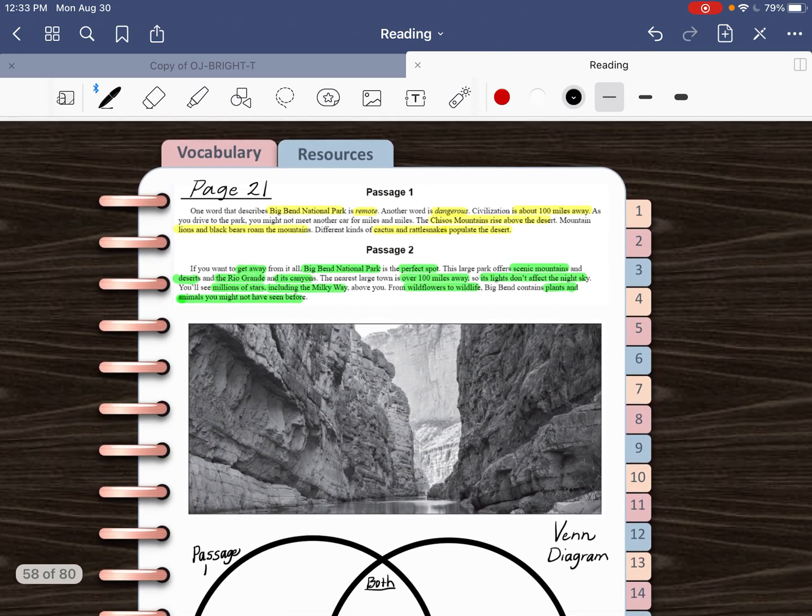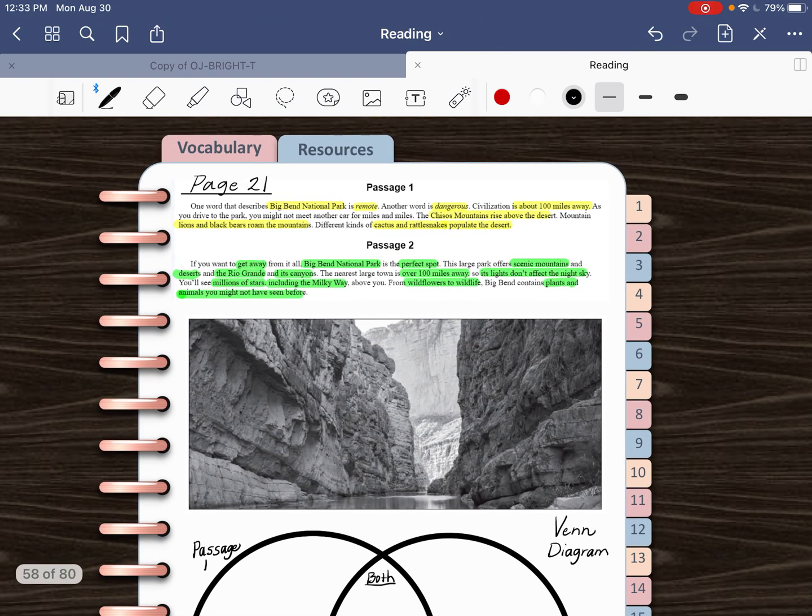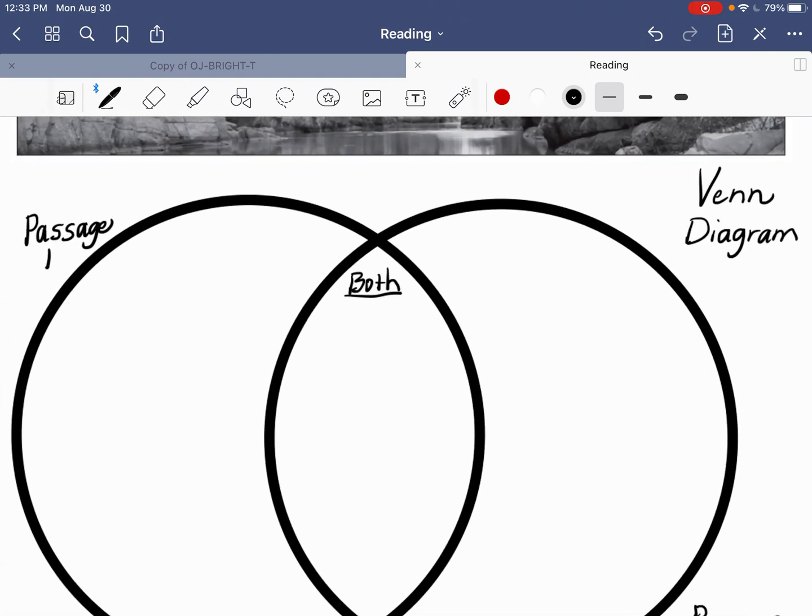The first detail that I highlighted is Big Bend National Park. Both of these passages are about that, so I'm going to abbreviate Big Bend National Park. That's the topic of both passages. It's not the main idea of both passages, but it is the topic of both passages.